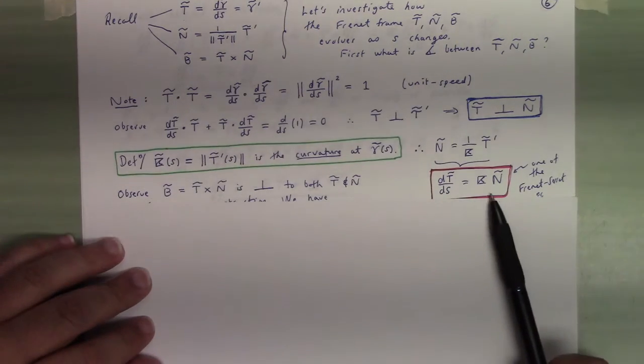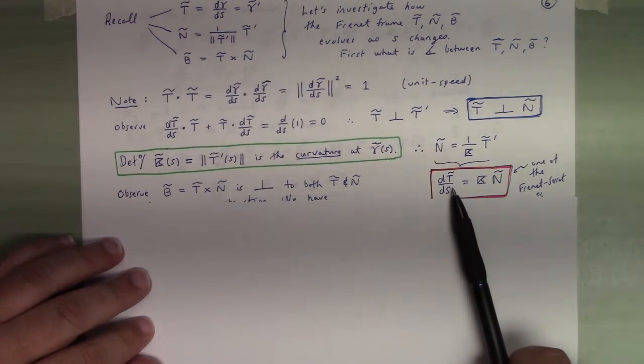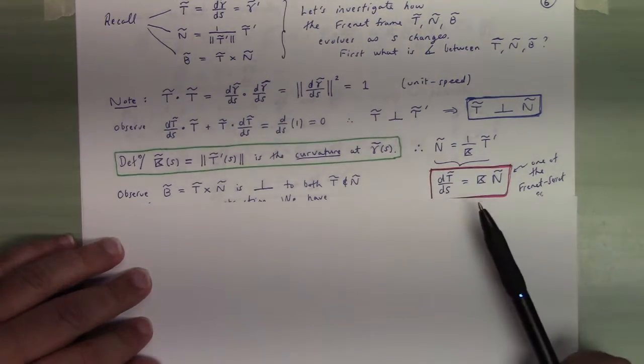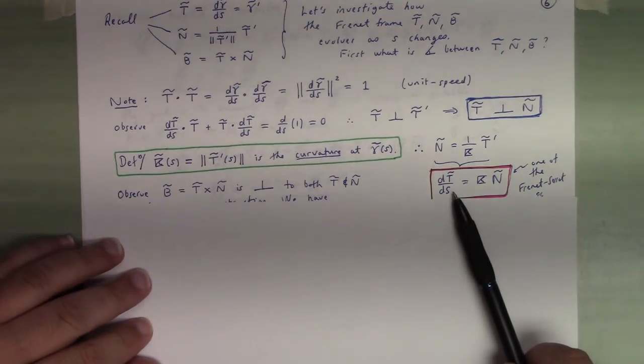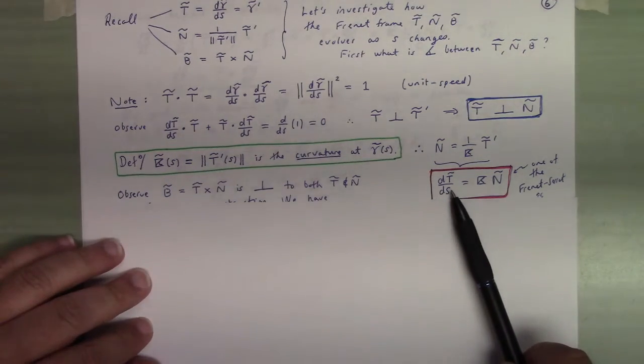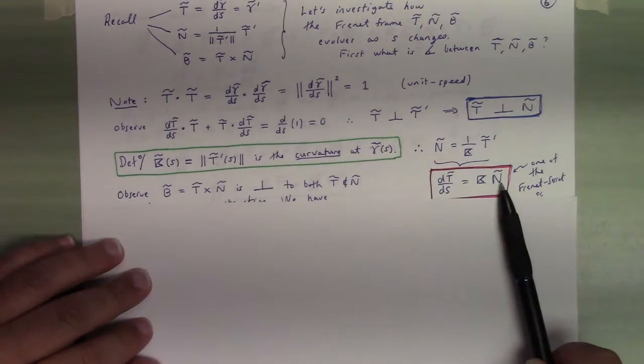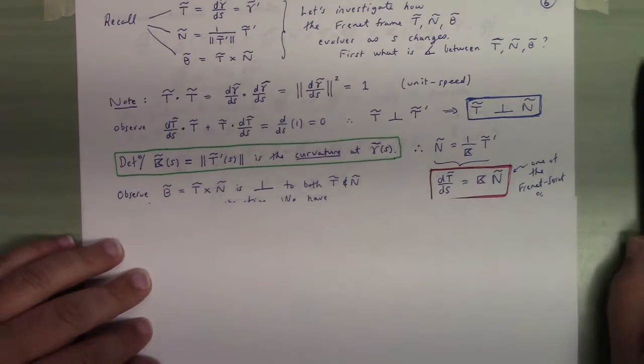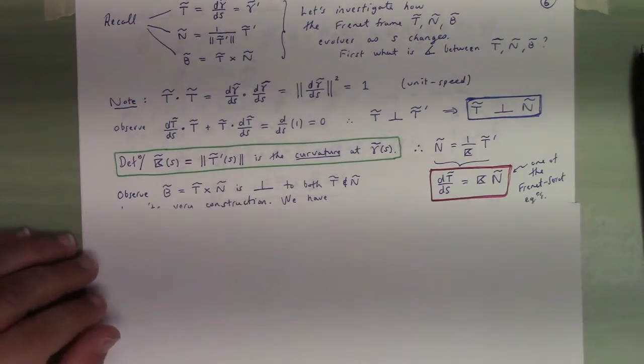So this is one of the Frenet-Serret equations. It says that the change in the tangent vector is the curvature times the normal vector. In other words, the change in the tangent vector has to go in the direction of the normal vector, and there's a constant which describes that change. We'll look more at pictures of that in a second.